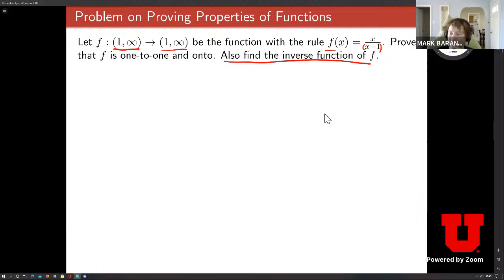Oh, we're almost out of time. We are out of time. So let's do 1-to-1, write the definition of that.